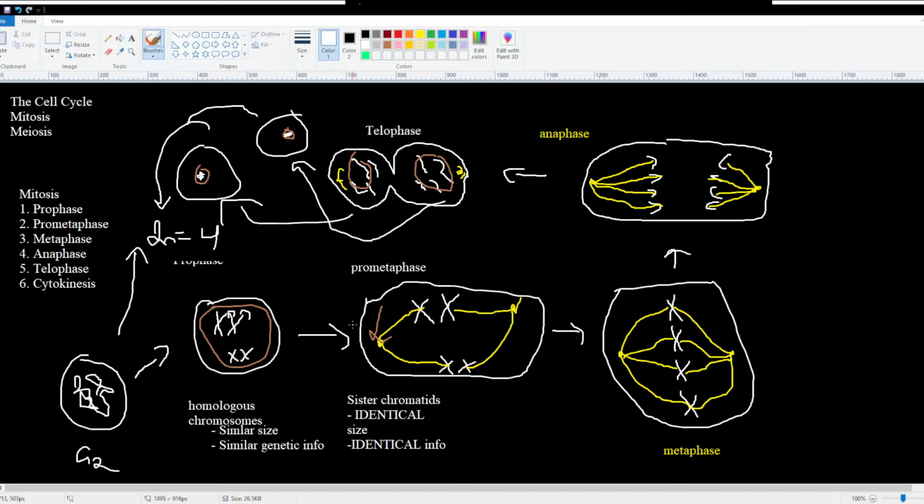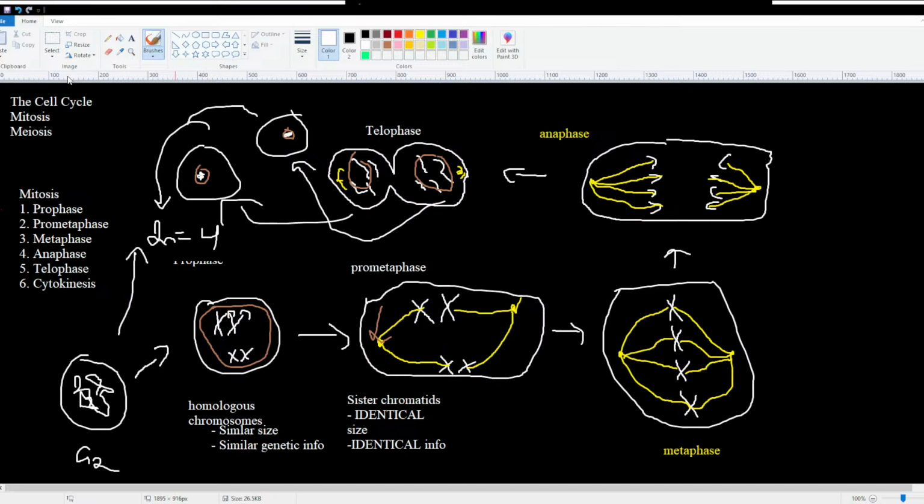Now we're going to go ahead and move on to meiosis. Meiosis is where there's quite a lot of confusion, because this is where we start to really go into the difference between sister chromatids versus homologous chromosomes, and there's just a lot of misconception along the way.